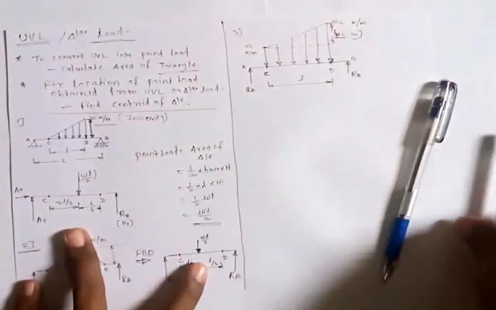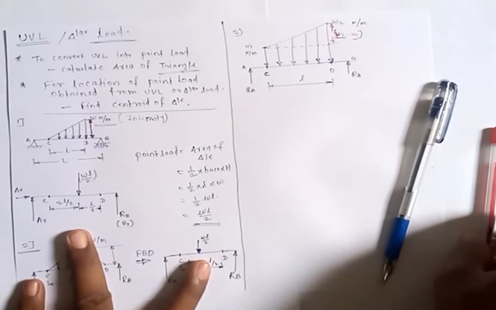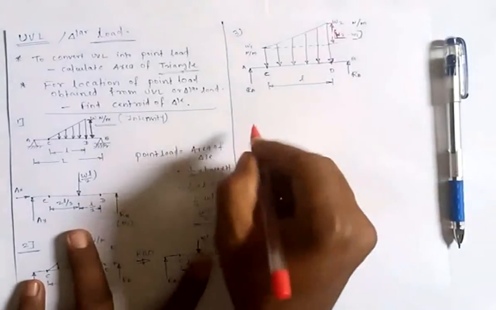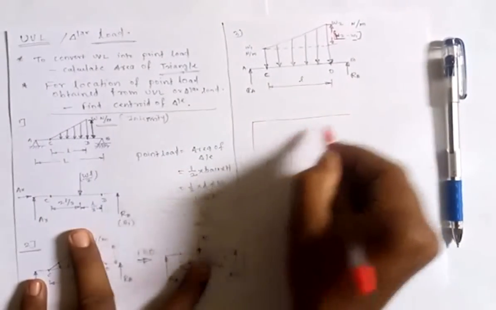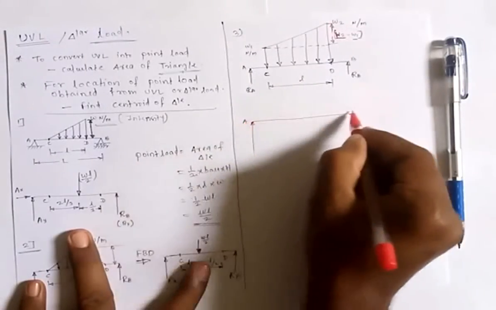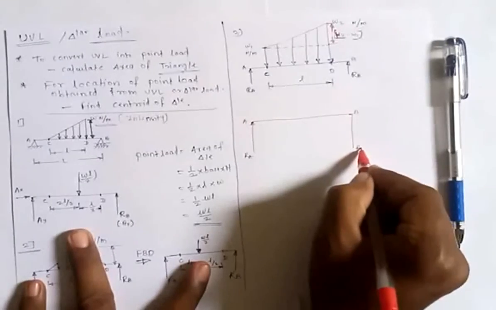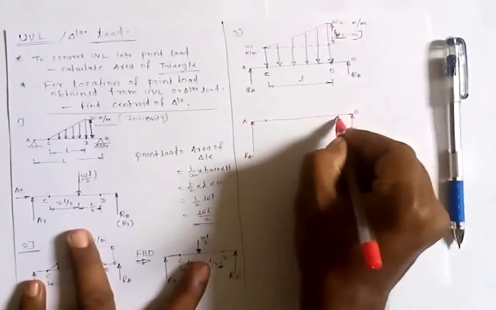Now we have divided this trapezoidal load into two loads. One is rectangular load and one is triangular load. Let us draw its free body diagram now. Consider two points A and B having two reactions RA and RB at both ends. As usual, this is C and this is D.